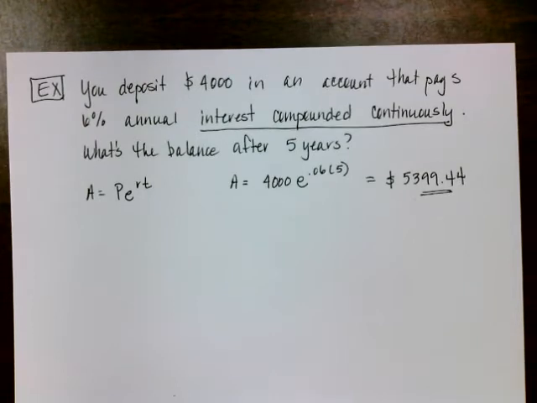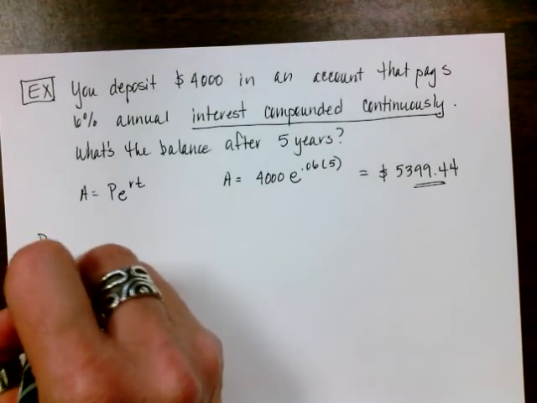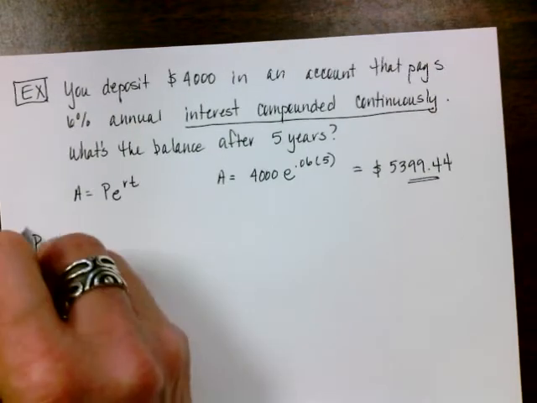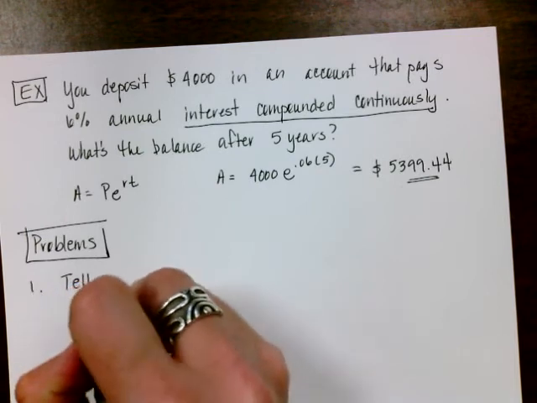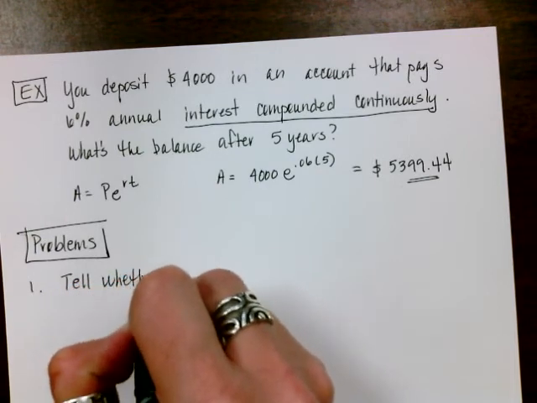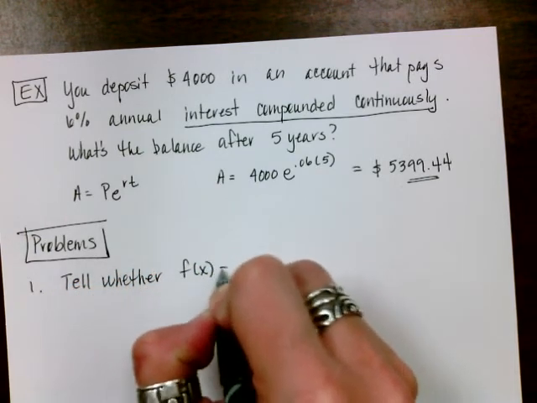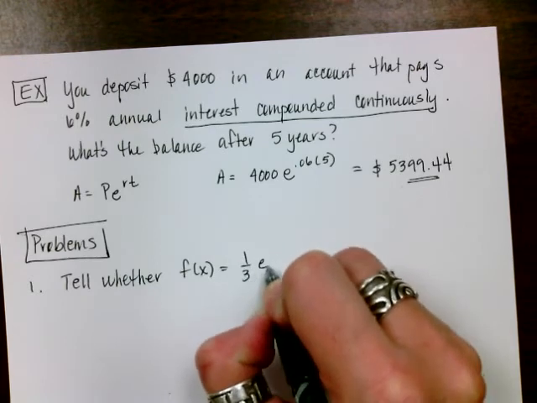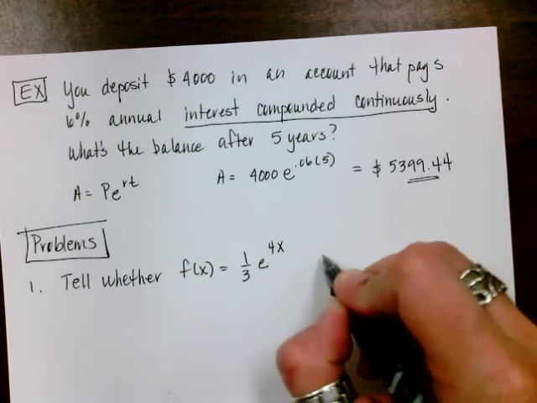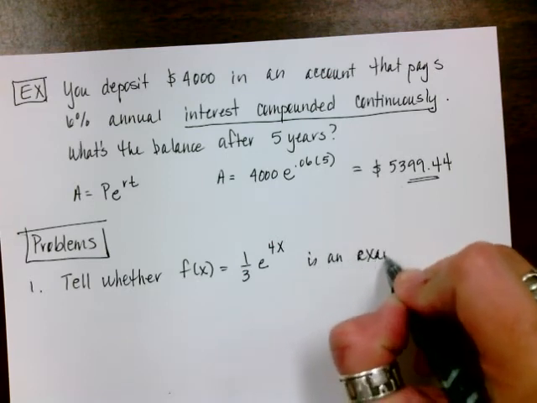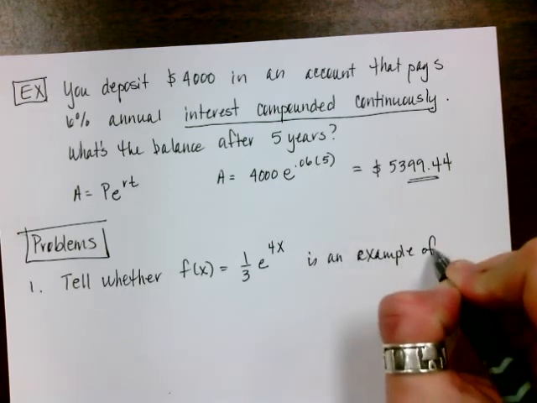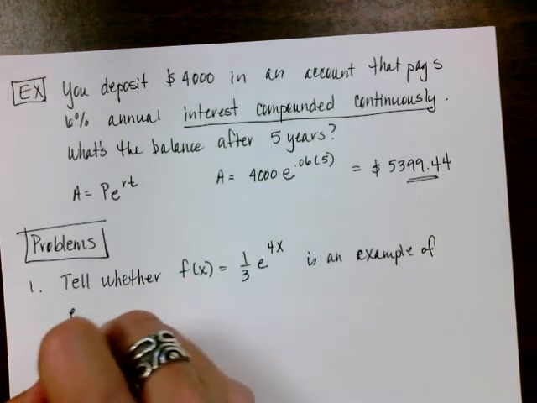Alrighty, so now let me give you your problems. Number 1 says tell whether f of x is equal to 1/3 e to the 4x is an example of exponential growth or decay.